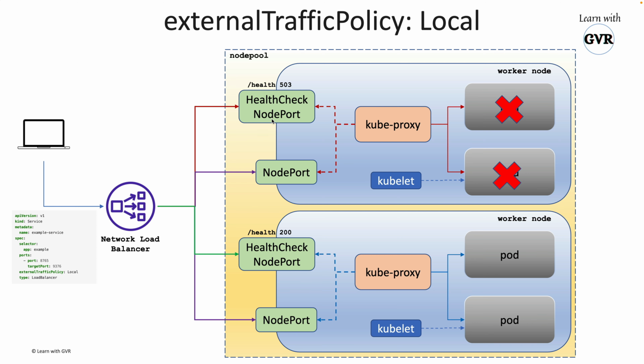So here, with external traffic policy local, whenever this worker node dies, in order to inform the network load balancer, the Kubernetes system will go to the kube-proxy, check each and every pod and get the information, and it will update the health check status and inform the load balancer that this entire node is not available.